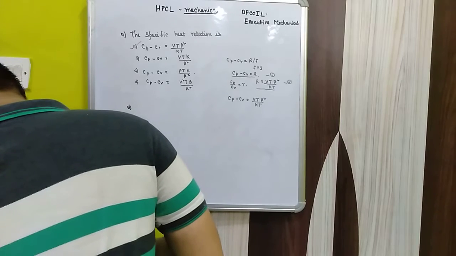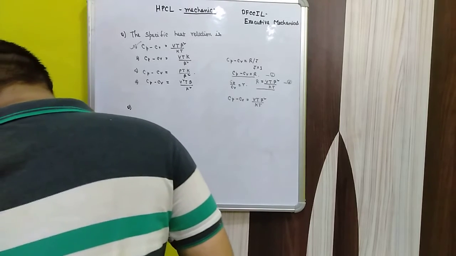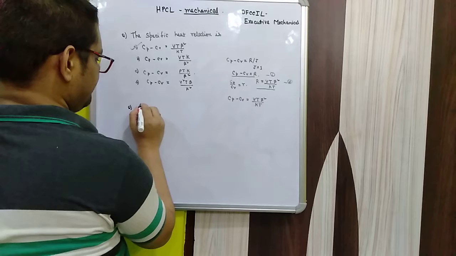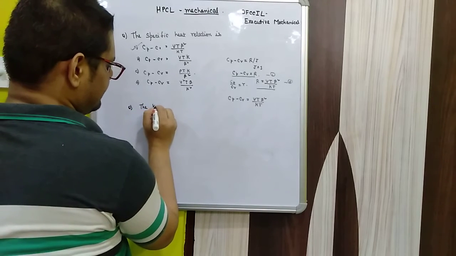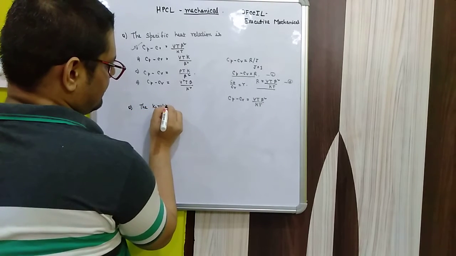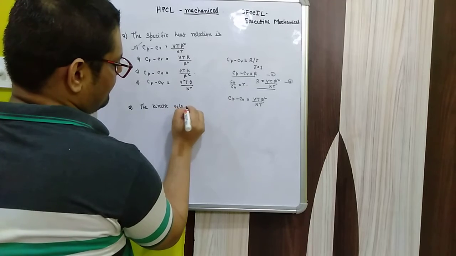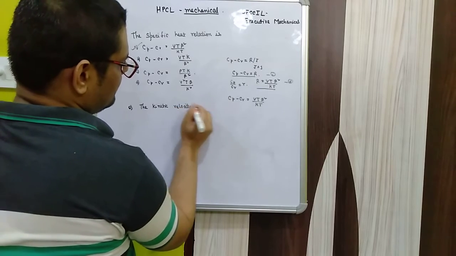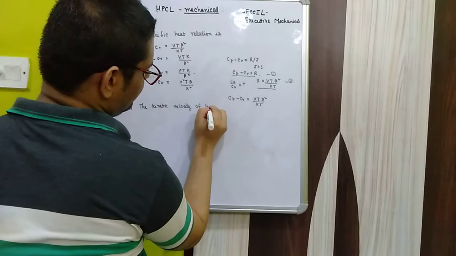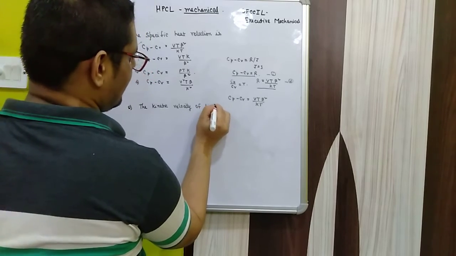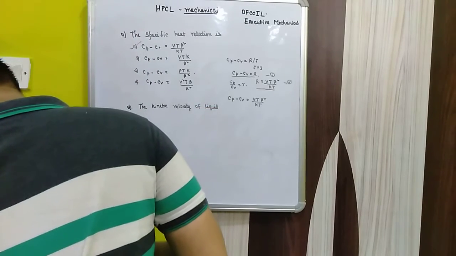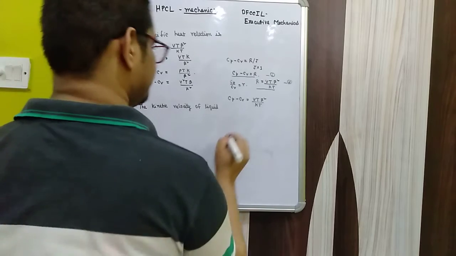They are asking the kinematic viscosity of a liquid. The kinematic viscosity of the liquid is 6 stokes.